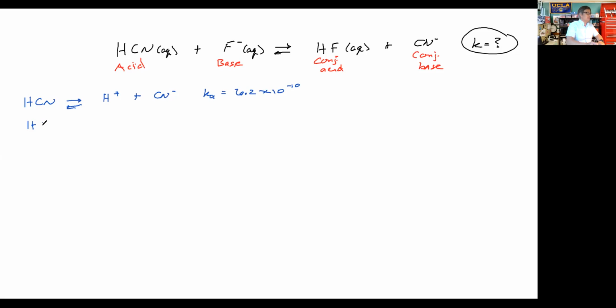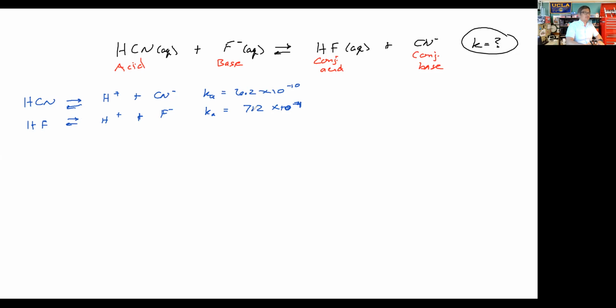So let's write that down, which gives us hydrogen ions and fluoride ions. And the Ka for this process is 7.2 times 10 to the minus 4. So what does this tell us so far?